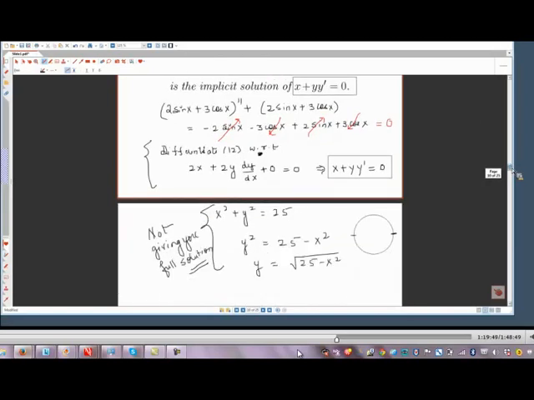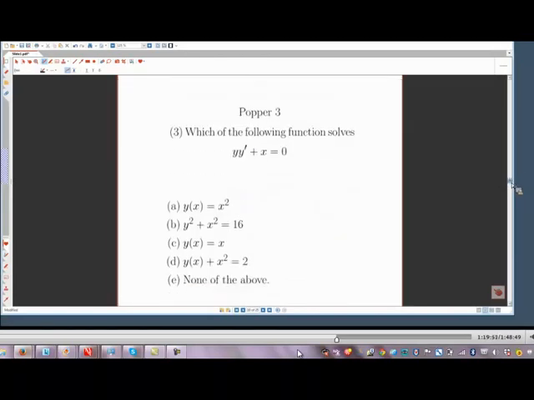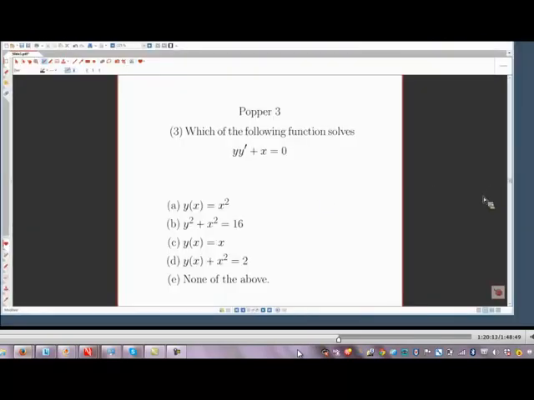Okay, so let's see now. Popper 3 is right up here, and you have your password for this. Now these things cannot tell you the next week's password at all, but you can always try it.